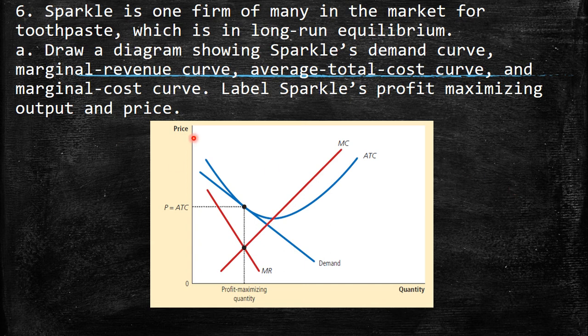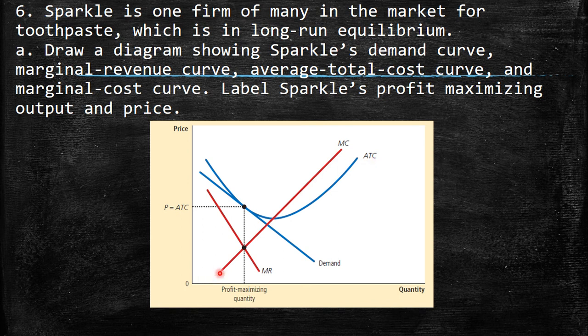Here we have the axes, naturally the y-axis, the price, and the quantity. The first two curves that I want you to identify and really understand how they work are the marginal cost and the average total cost. They have an immediate relation between them.